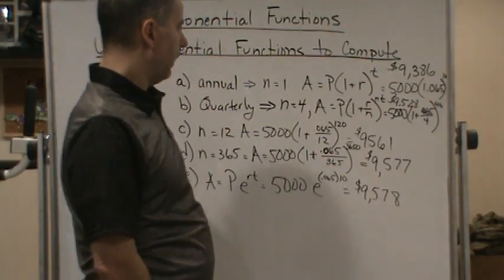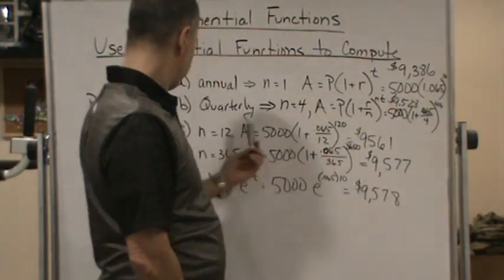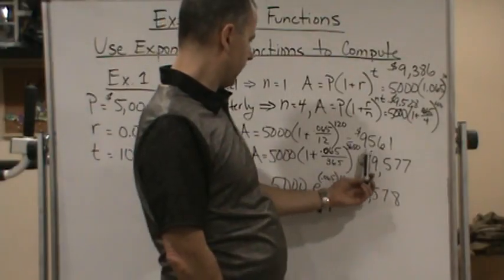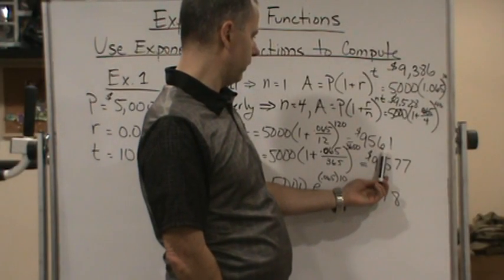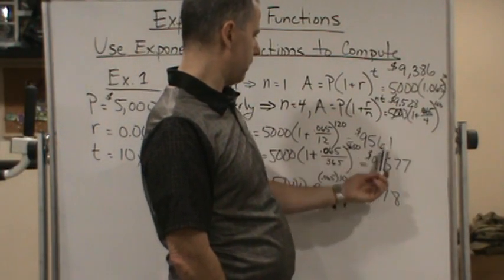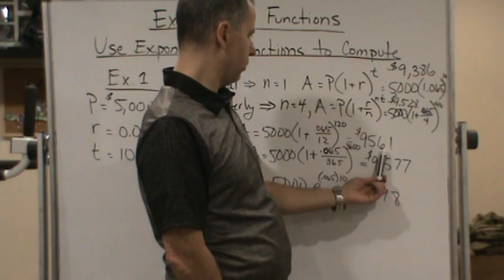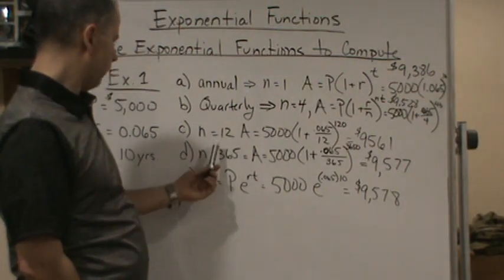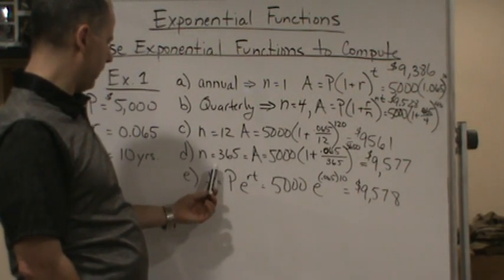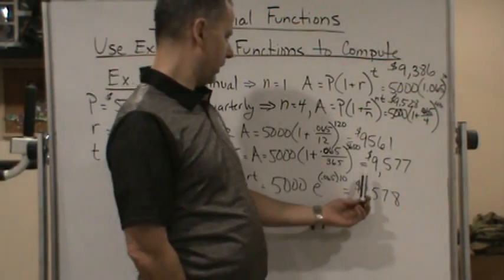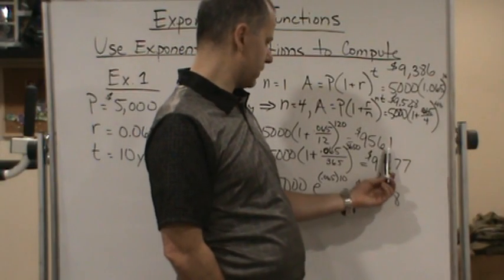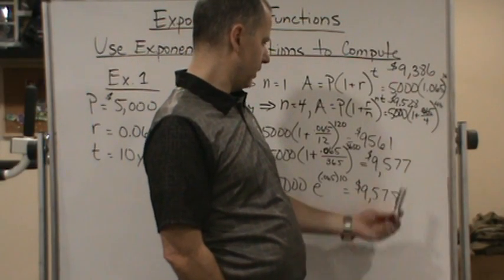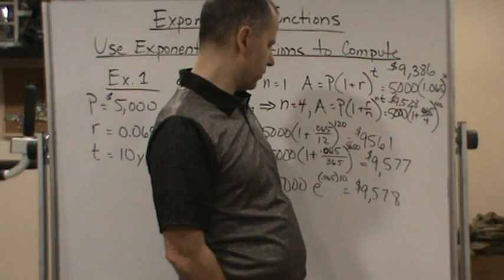And then when we go from quarterly to monthly, it goes up to $9,561, so it only went up about $30. And then if we go from monthly compounding to daily compounding, it went up from 61 to 77, so you're looking at a $16 jump.